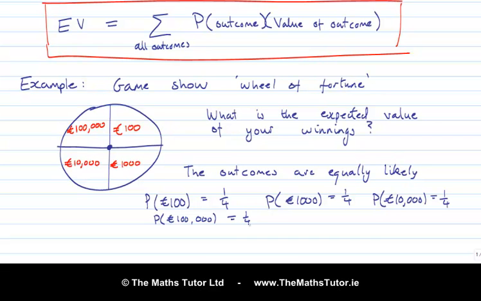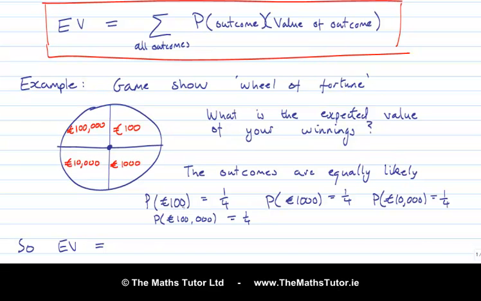And now the values are clear. The values are the numbers that are given in each of the sectors. And so now we just have to apply our expected value formula. So the expected value, or EV for short, is the sum over all the outcomes of the probability of the outcome times the value. So what we do is we go through each outcome, we write down its probability, we multiply by the value, and then we add all those things up.